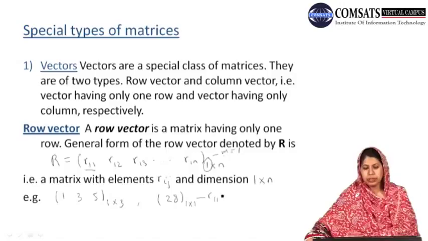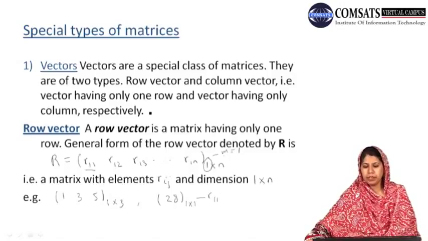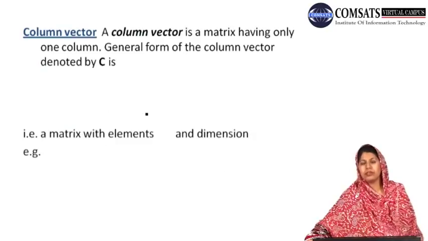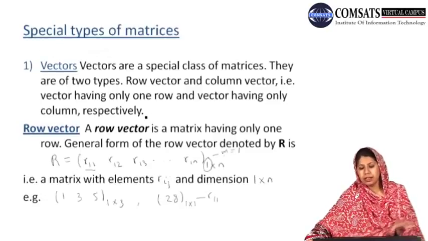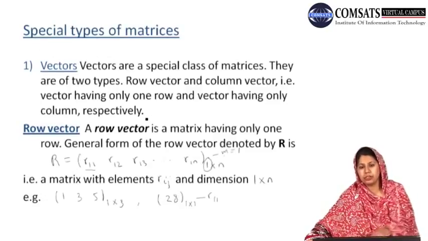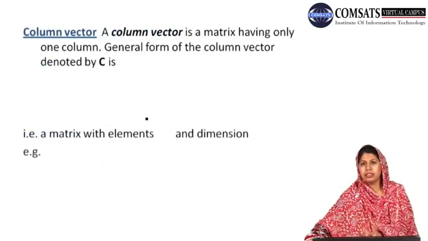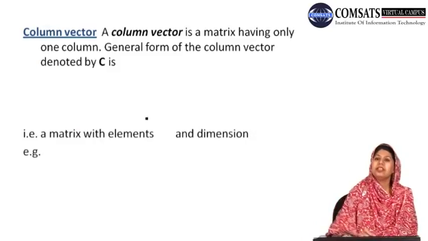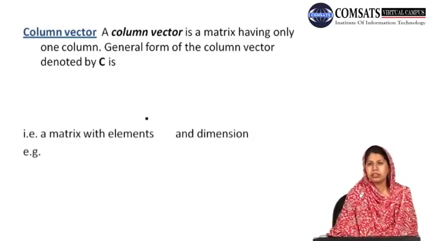Okay. Now, similar to the concept of row vector, we can also define the vectors which are vertical. Row vectors are horizontal vectors or horizontal matrices. What happens if the vector or the matrix is vertical? Then these vectors are called column vectors.